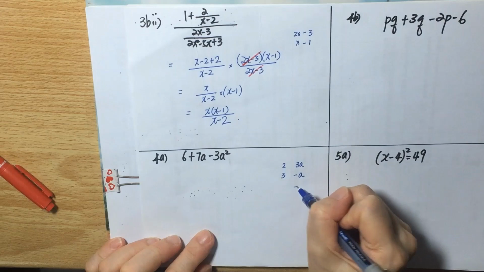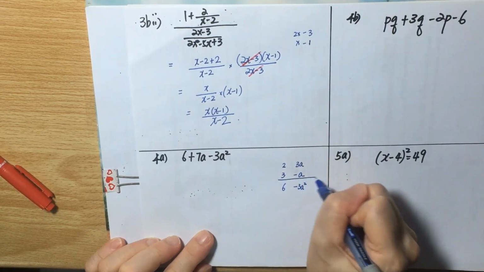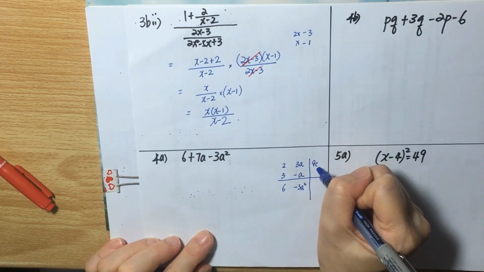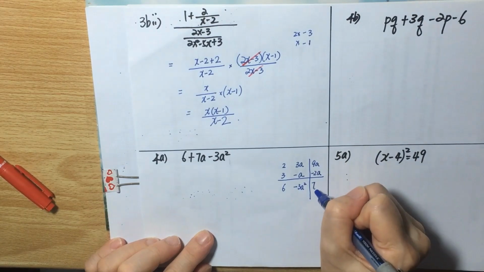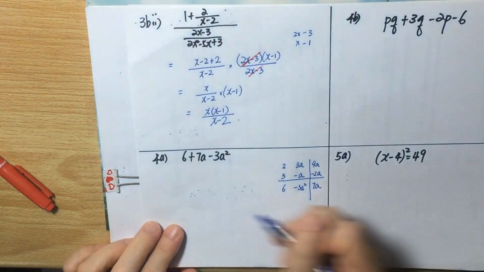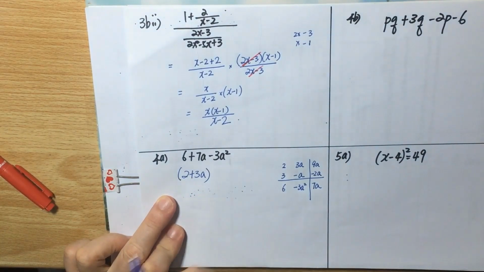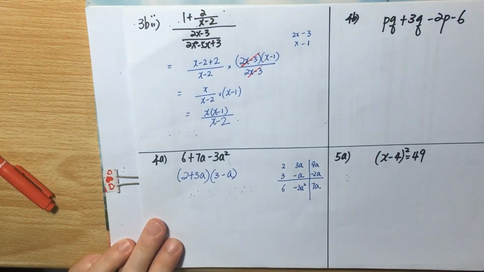So multiplied together is negative 3a squared. These two multiplied together is 6. And 3 times 3 is 9a. 2 times negative a is negative 2a. So together I have 7a, which is the middle term. So using this cross method, we can get our answer like this.